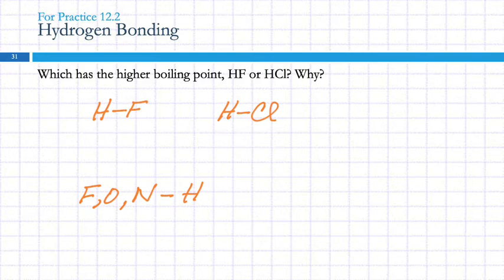And if it was just based on size, we would expect HCl to have a higher boiling point because the dispersion forces are larger. But we have a fluorine-hydrogen bond, and so this compound has hydrogen bonding, and so it's going to have a higher boiling point.